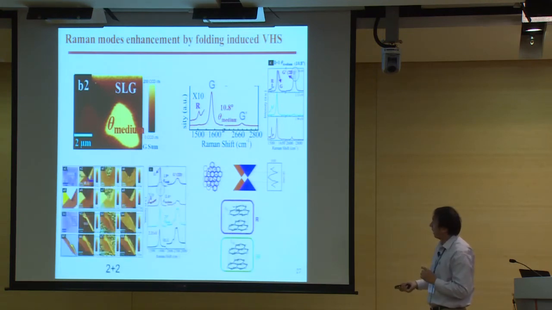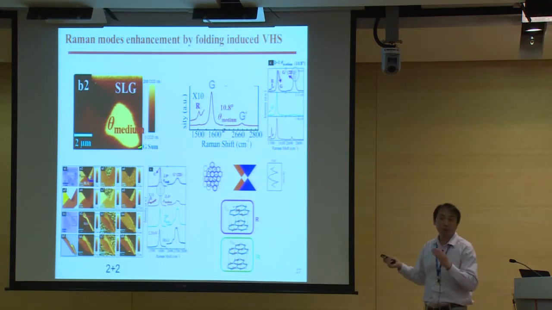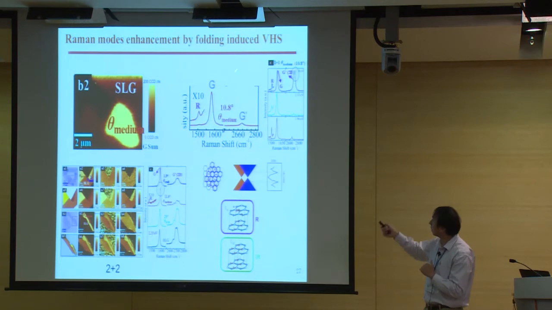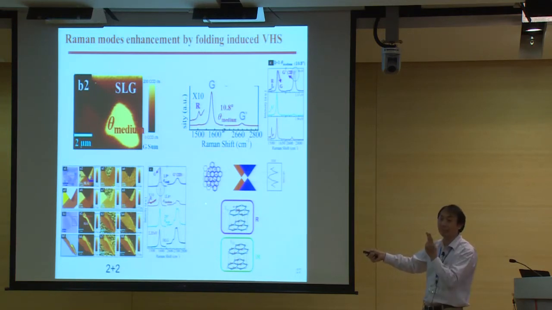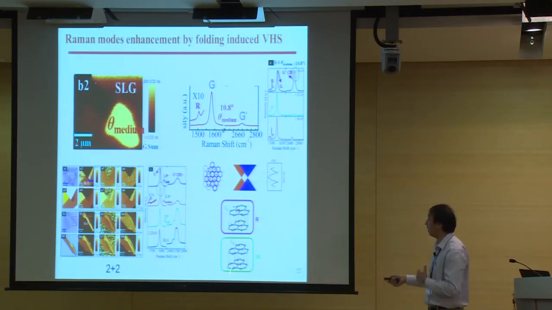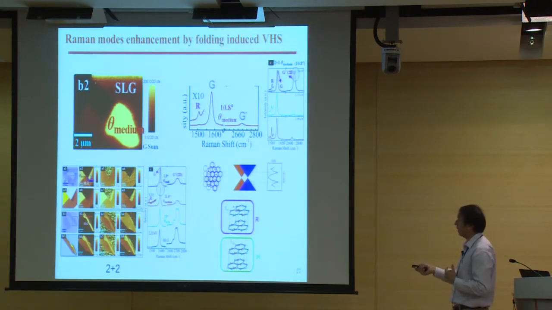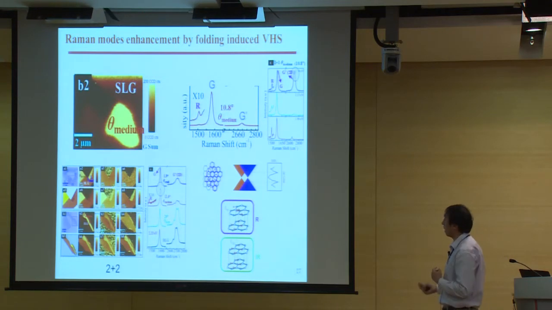And this does not only happen for 1 plus 1. If you have a folded 2 plus 2, you can also have a whole group of Raman patterns on the spectrum, and for 2 plus 2 you will see the G prime also show doublet splitting. We also explained this in one of our recent works. That's due to the activation of the Raman active and the IR active modes.